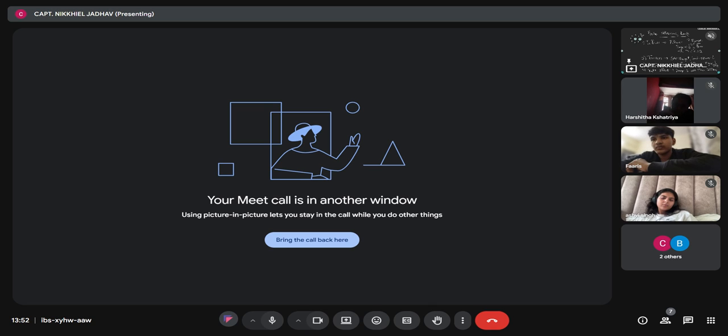Captain, why does the range reduce exactly? At night, the ionization layer will go higher, right? Yes, because of that, the wave will have to travel higher and come back.